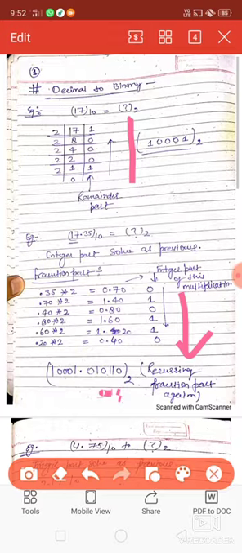So in the fraction part we write from top to bottom, and in the whole number part we write from bottom to up. In this way we convert the fraction decimal number into a binary number. And when we convert, we write base 2, because base 2 indicates that it is a binary number.